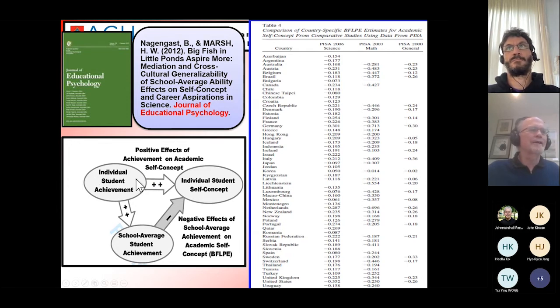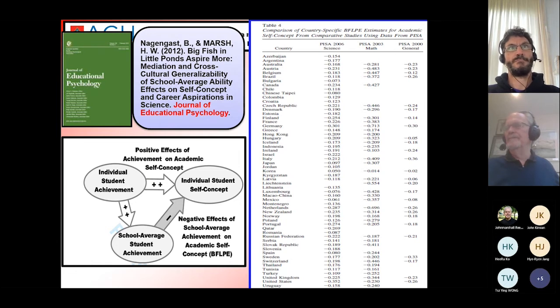So the brighter I am, the better my self-concept. The brighter everybody around me is, the worse my self-concept. This is just a table from one study showing how consistent it is. This is actually one of the most consistent, cross-nationally consistent findings in education, maybe even psychology more generally.